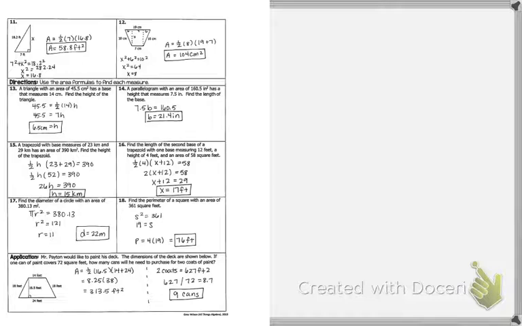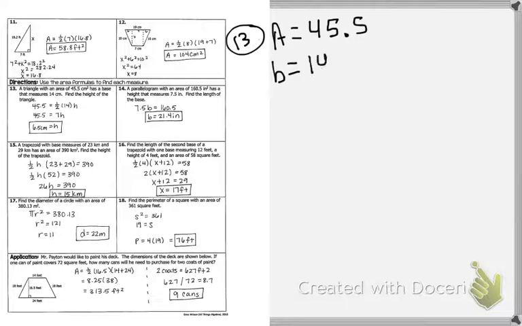Let's move on to a problem somewhat like number 13. These are probably the ones that are going to give you a problem because you have to visualize this. But 13 starts off by telling you the area is equal to 45.5. They tell you the base is 14.